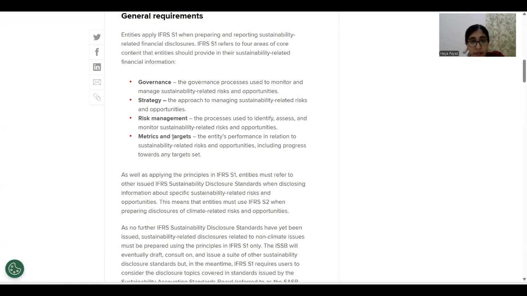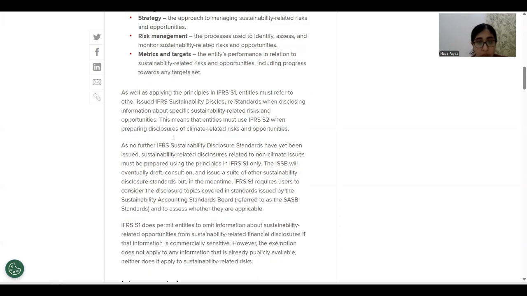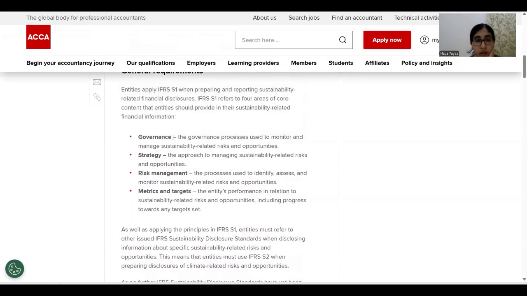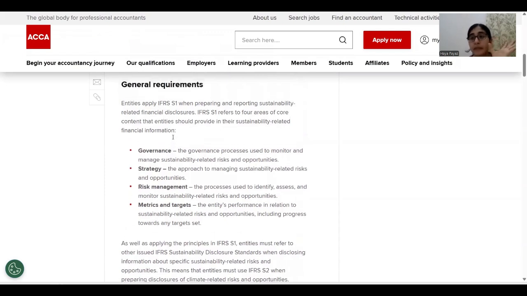Entities must refer to what the ISSB issued when disclosing information about specific sustainability topics. This means that entities must use IFRS S2 when preparing disclosures of climate-related risks and opportunities. So if it's about disclosures, and not specifically climate, it's about sustainability.